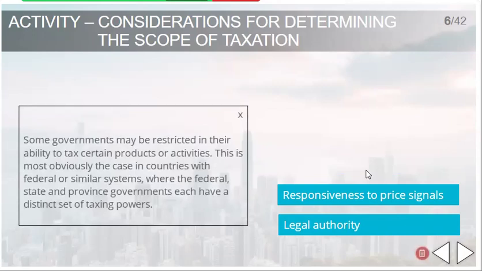Some governments may be restricted in their ability to tax certain products or activities. This is most obviously the case in countries with a federal or similar system where the federal, state, and province governments each have a distinct set of taxing powers.